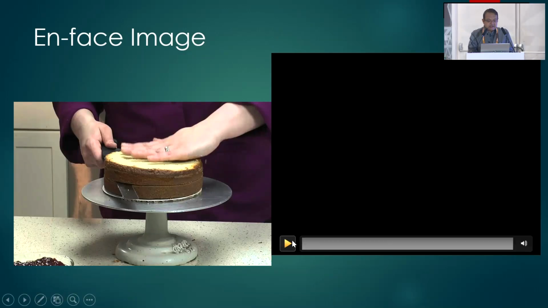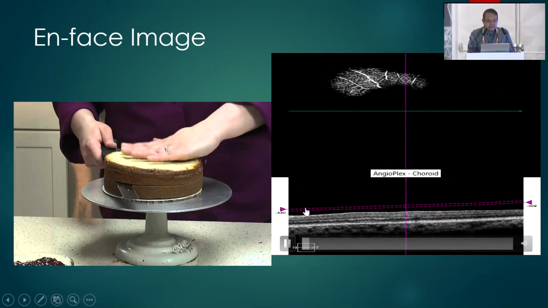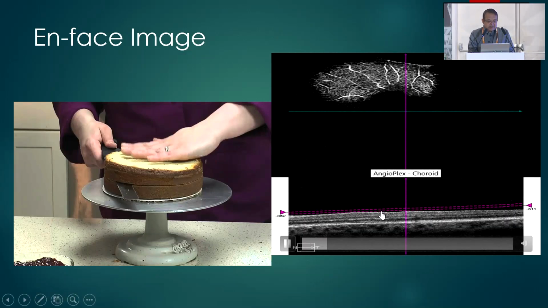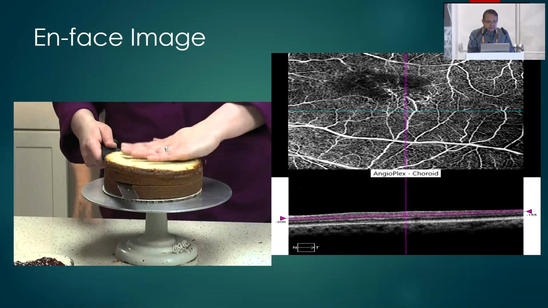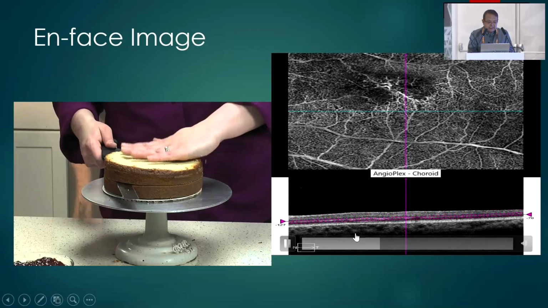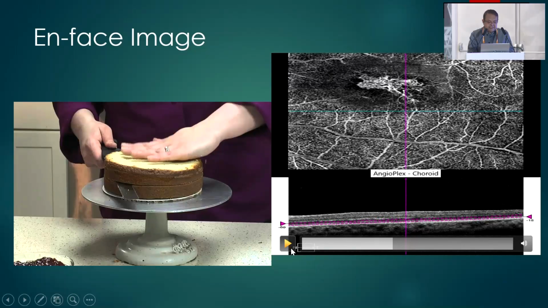If you see this video, this is what we call a segmentation line, and you will come across this segmentation line again and again. You can see different phases here. This is the segmentation line. Once it reaches the choroid and RPE, you can start seeing the lesion at this level.